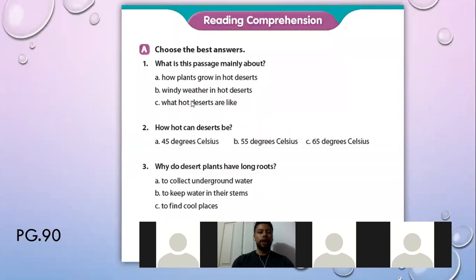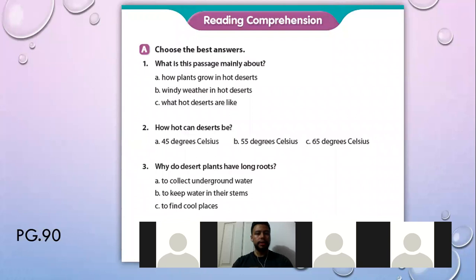So let's discuss. Who can give me the answer about number 1? Choose the best answer. We have 3 options. What is this passage mainly about? A, how plants grow in hot deserts. B, windy weather in hot deserts.